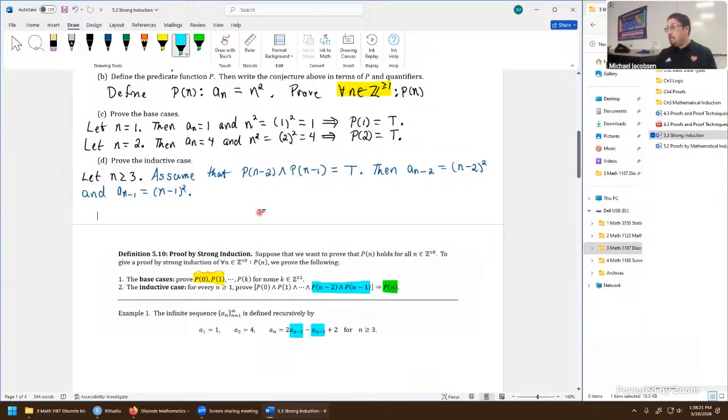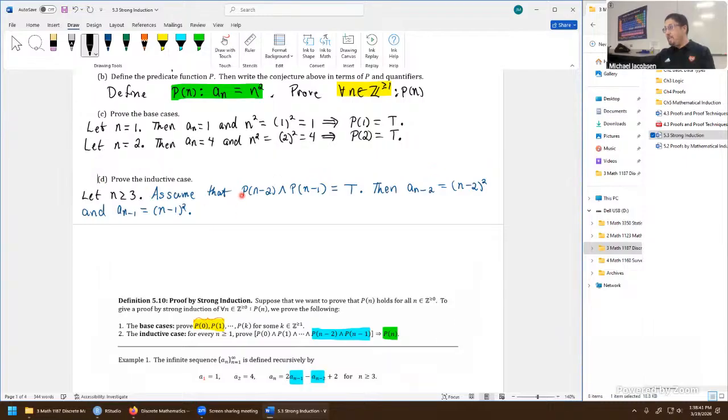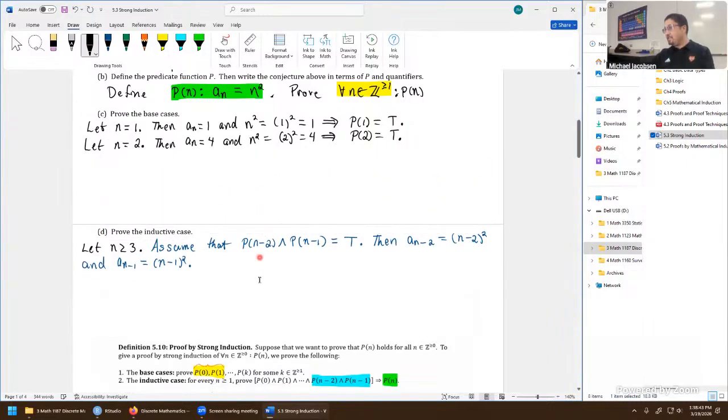So now that that's done, our objective is to show that these assumptions will imply that P(n) must also be true. That's going back to this statement. So that's our goal next. Let's actually say that next. Probably deserves a new page at this point. Next.